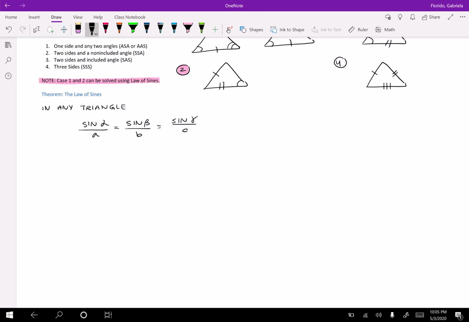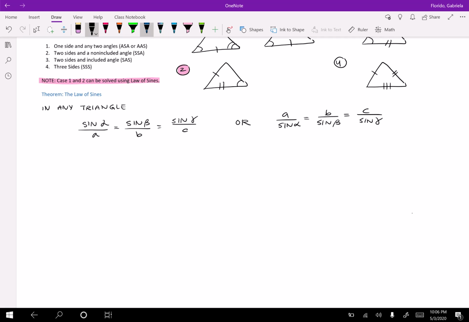We don't always have to have sine on the top. We could also have the lengths on the top. So we could have a over sine of alpha is equal to b over sine of beta, which is equal to c over sine of gamma. It just depends on the situation.